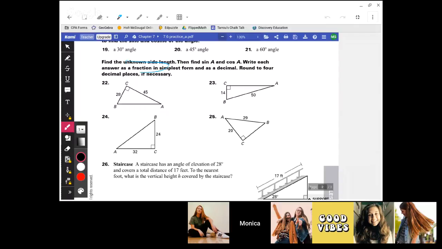So the first thing is to find the unknown side length. You're going to find the unknown side length. If you know 2 sides to a right triangle, how do we find that third side?